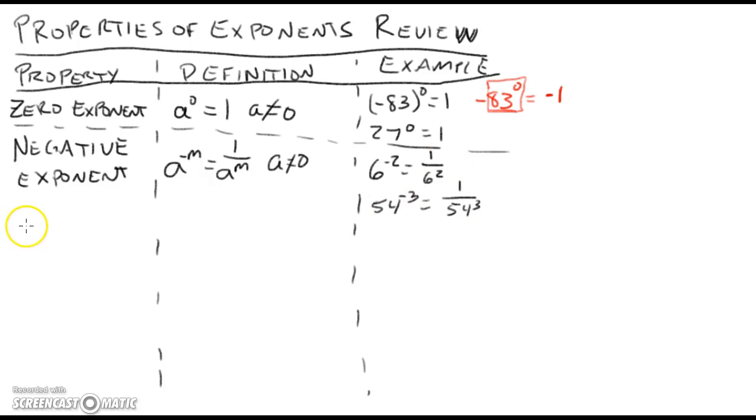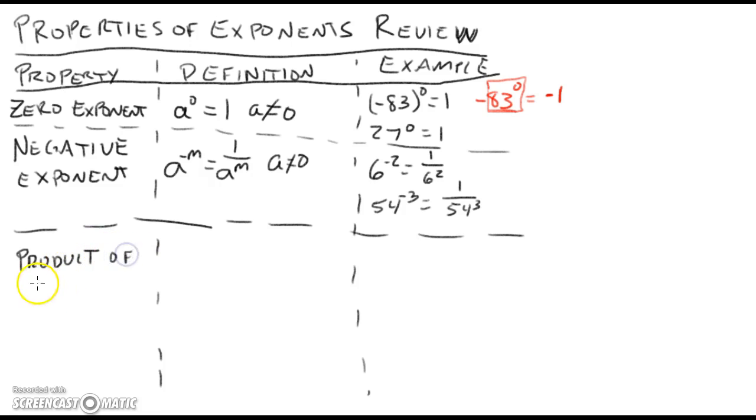So first couple of rules you're going to see in the context of other information. These next rules you'll see as actual simplification that you're doing. Okay, so the first one that we want to talk about is the product of powers. Product. What's product mean? It means to multiply. So product of powers.